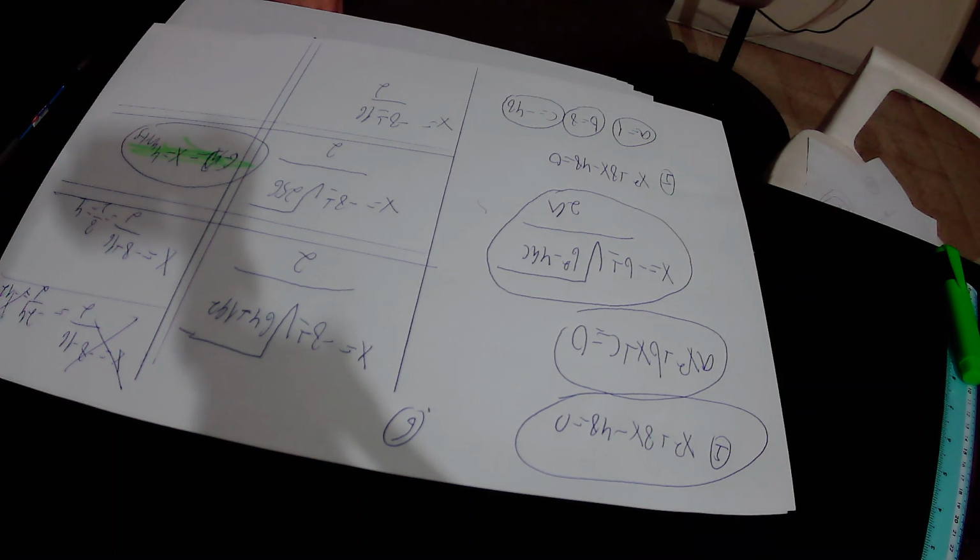In our specific quadratic equation, that is to say x squared plus 8x minus 48 equals to 0, the coefficient a equals to 1, the coefficient b equals to 8, and the coefficient c equals to minus 48. So now we have to put these values for a, b, and c in this general formula for x in order to find out the value or the values of x for our specific quadratic equation, x squared plus 8x minus 48 equals to 0.